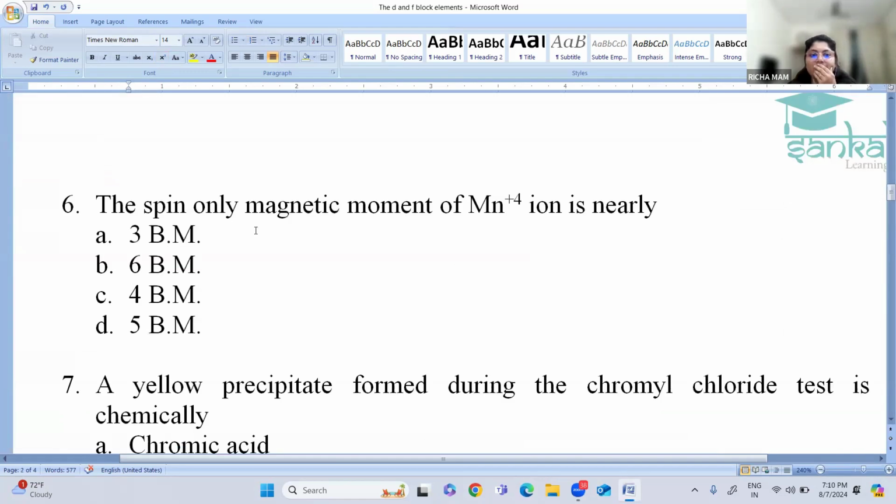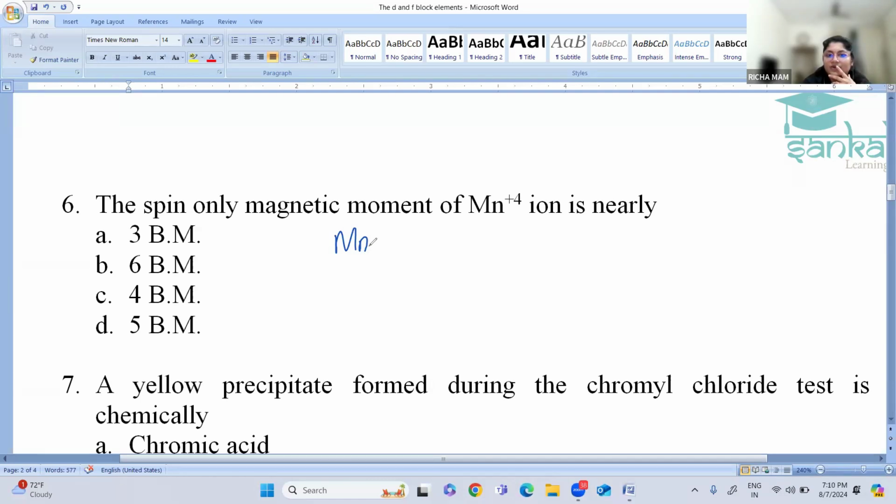The spin only magnetic moment of Mn plus 4 ion is nearly what? Now you know, this you can easily find out. What is the spin only magnetic moment of Mn plus 4? Ma'am, is it minus 4 or plus 4 ion?